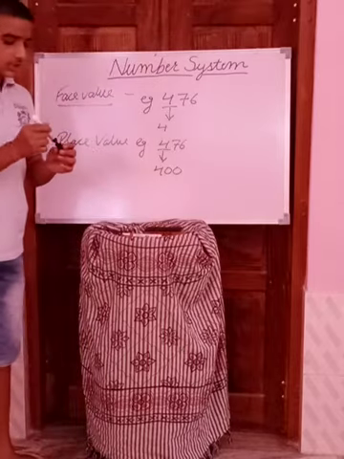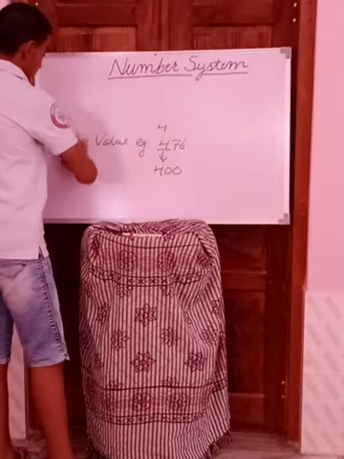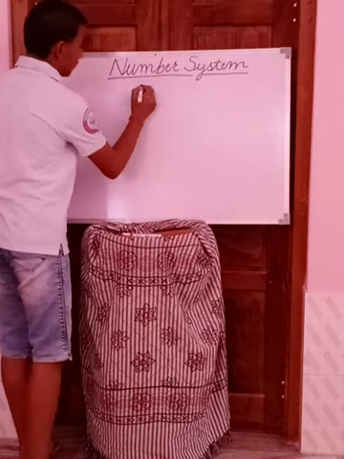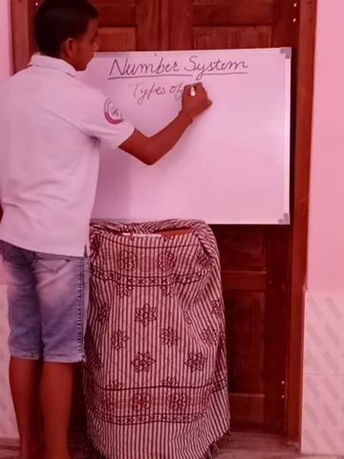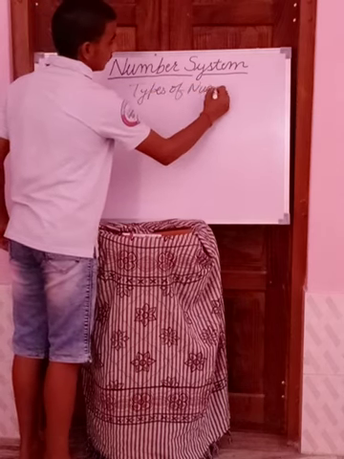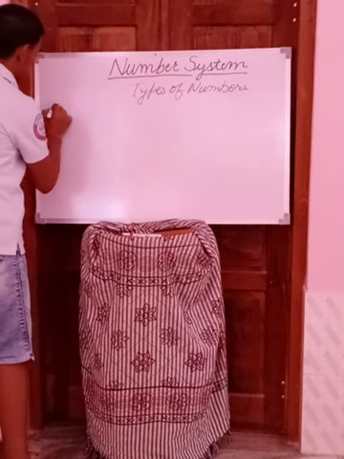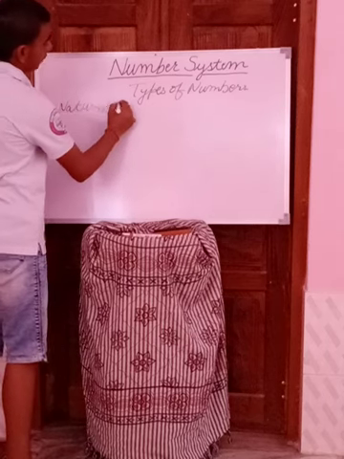So now let's discuss the types of numbers. Firstly, let's discuss the natural numbers. Now, what are natural numbers?